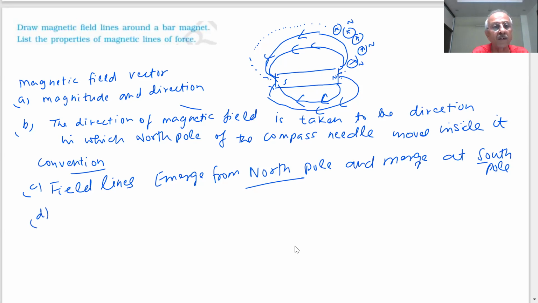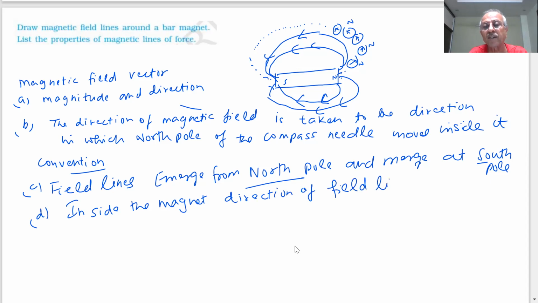Inside the magnet, the direction of field lines is from south pole to north pole.